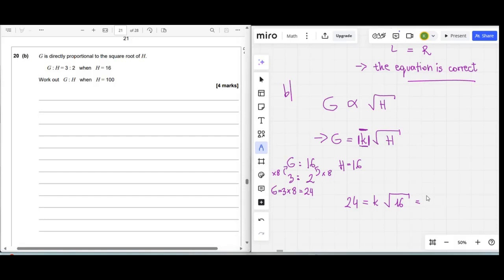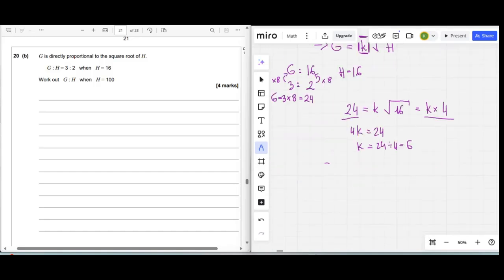The square root of 16 is 4, so we have k times 4. 4k is 24. So k is 24 divided by 4, which is 6. So our proportion is G equals 6 square root of h.